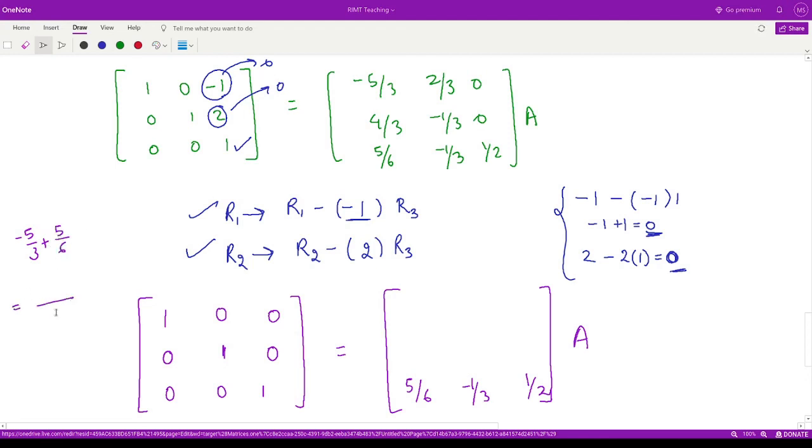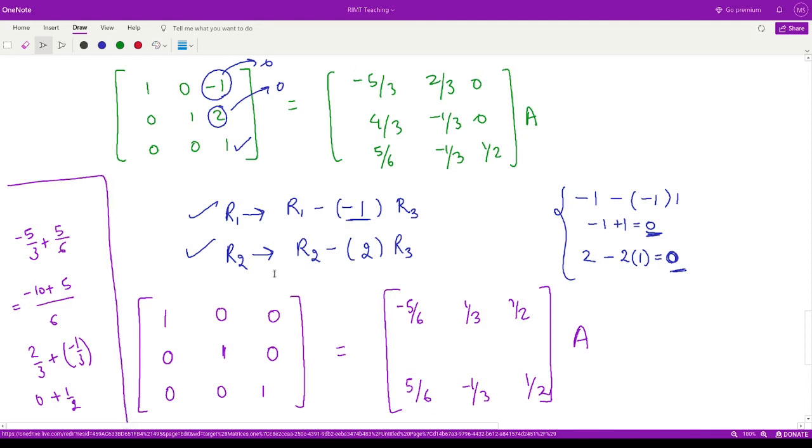So what do we have here? 6 minus 10 plus 5, so that would be minus 5 by 6. Next element, it would be 2 by 3 plus minus 1 by 3. So how much is that? 1 by 3. Next element, 0 plus R3 is 1 by 2. So that is 1 by 2. This is for the first row.